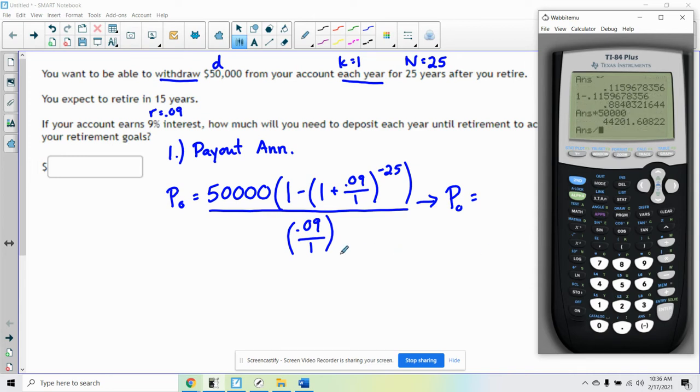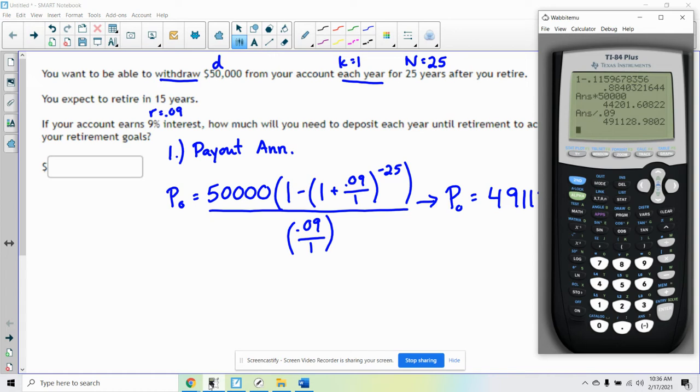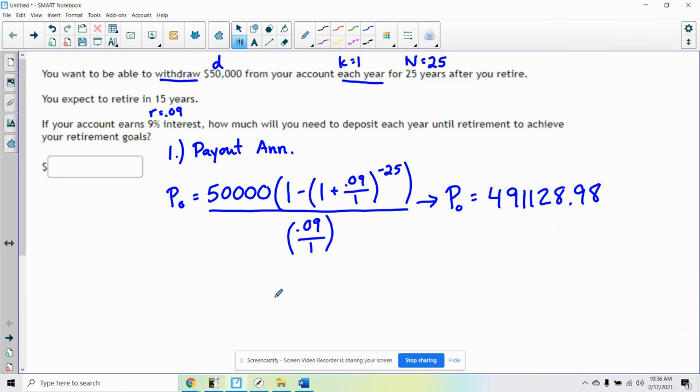And then lastly, divide by the decimal, which was 0.09. So to get what I want after retirement, I need 491,128.98. So that's what I need in my account when I retire.